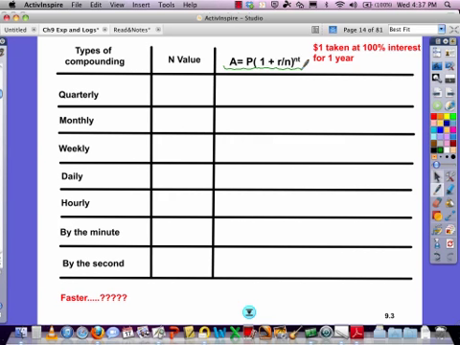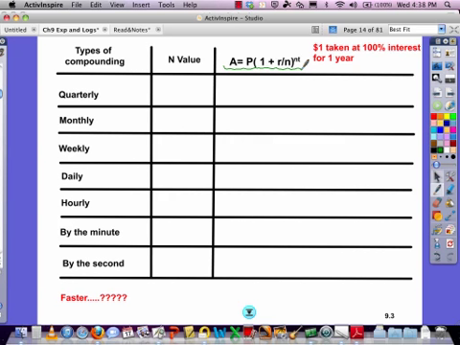It would be a great return. We're going to do that for 1 year and see what that turns into. Most people say that our $1 should turn into $2. But since we have this compound interest, and we know the more compoundings, the better return you get, we want you to look at this. We're going to break up into groups in class and figure this out and look at these numbers.